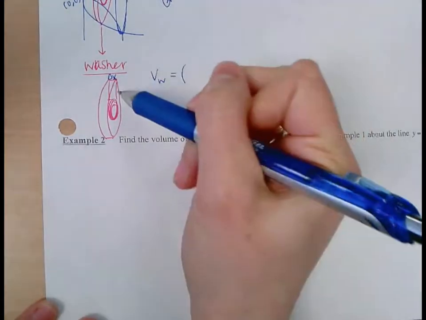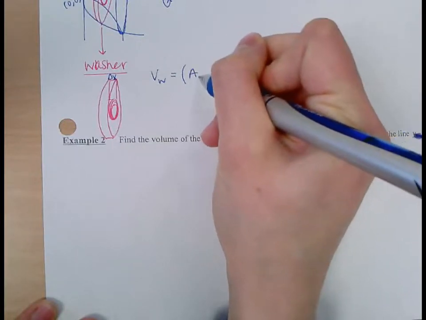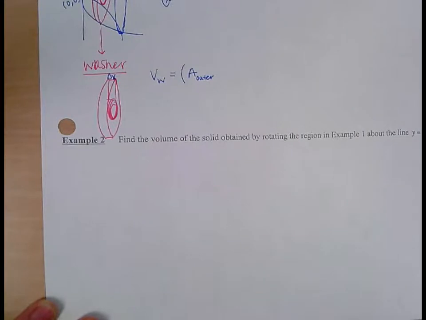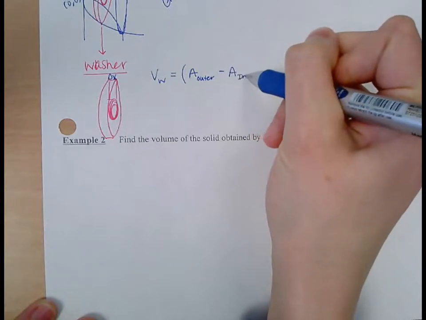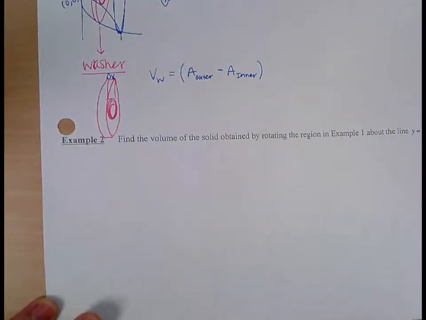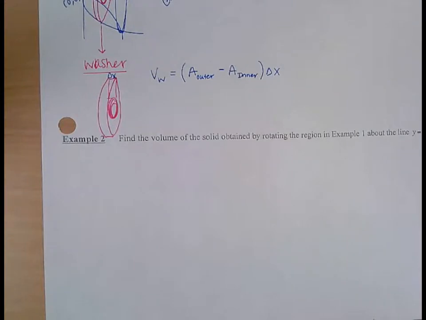So the area of the cross-section, I'm going to put here area sub outer. So the area of the outer circle, or area of the larger circle, minus the area of the inner circle. So it's the difference between those two circle areas, multiplied by your width, which is delta x in this case.